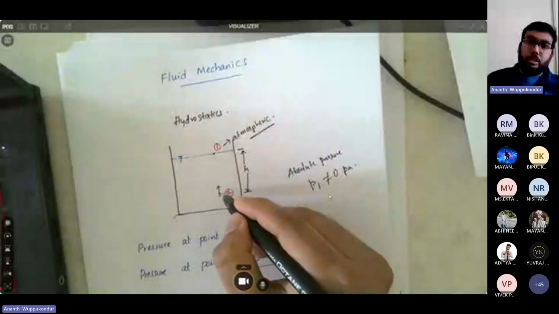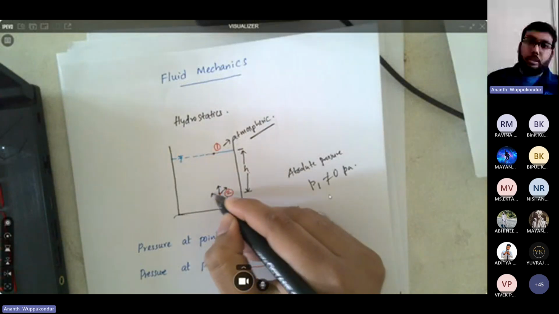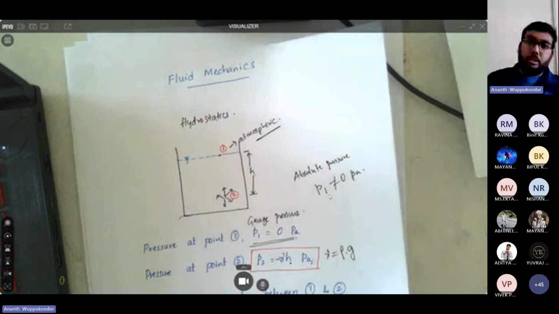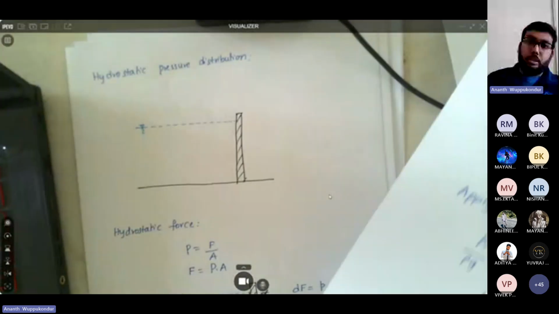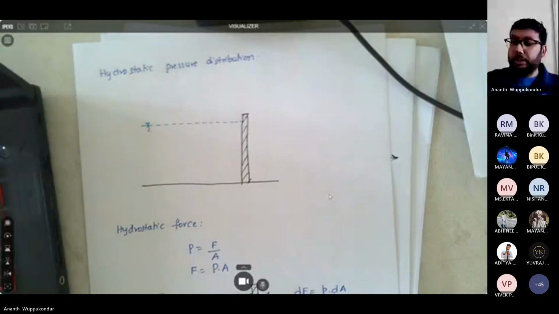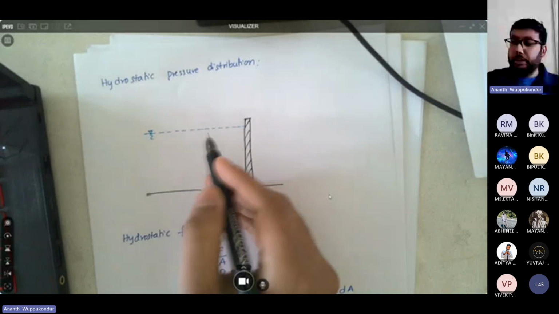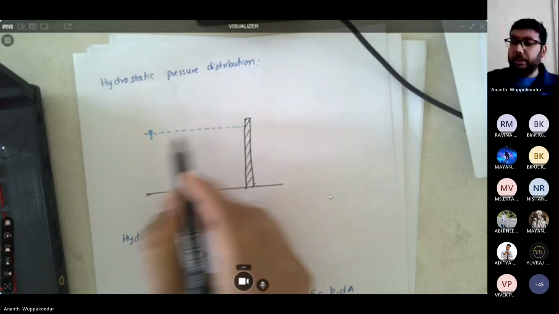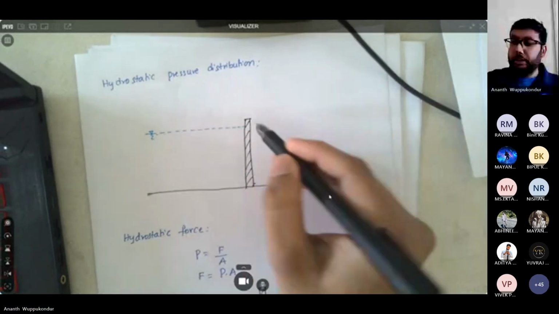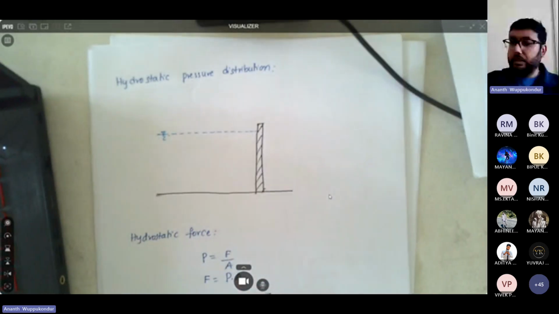Now imagine you have a channel or an open channel, and the water is up to a certain depth as represented here. And you have an obstruction like a gate or a dam. Now, what is the hydrostatic pressure distribution going to be on this dam? As I said, the pressure at the surface is going to be 0.